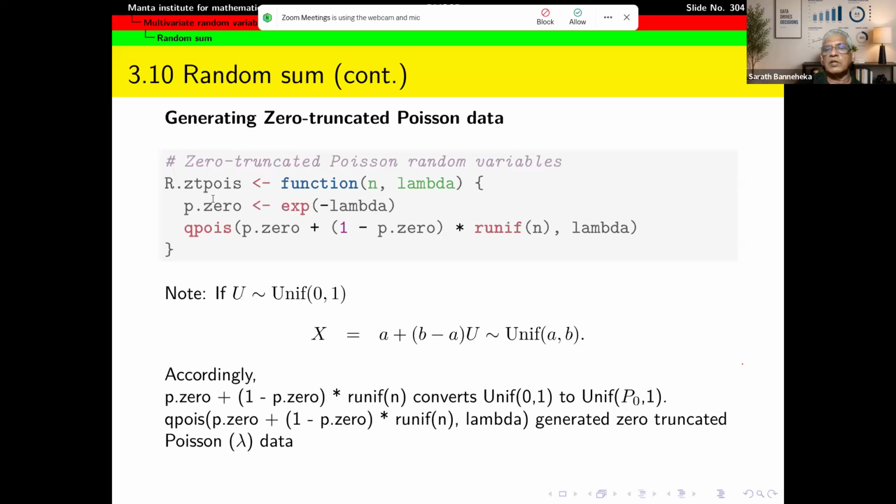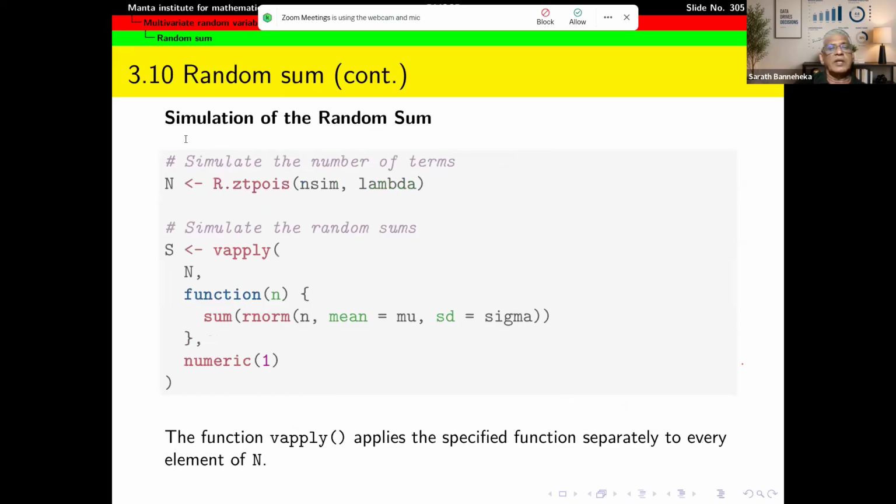Write down the function to get random numbers from the truncated Poisson distribution. And then I can generate random numbers N using that function. I want n sim number of simulations, and for each, I need the value for n.